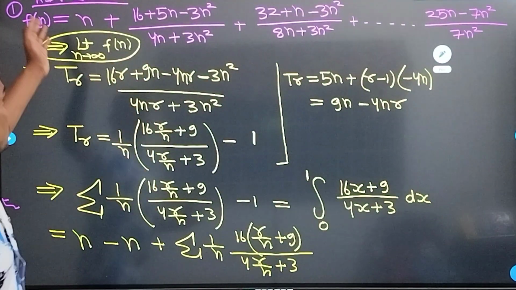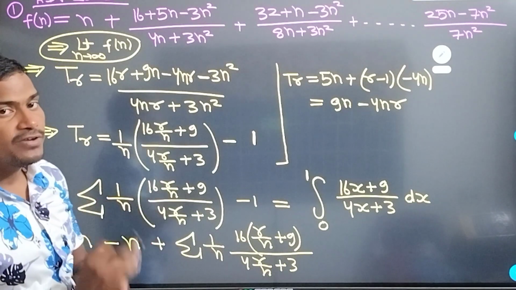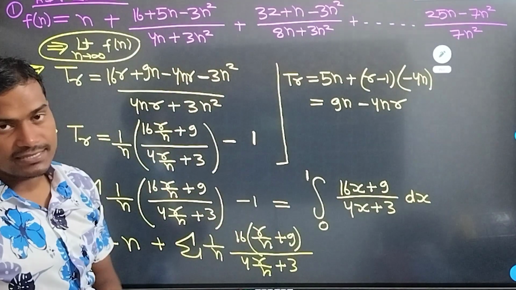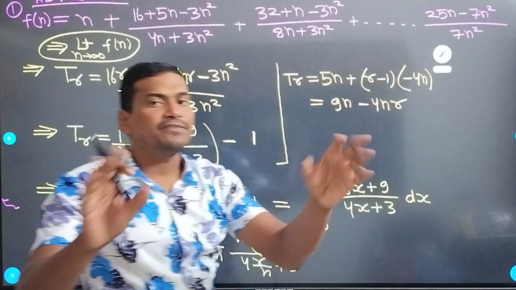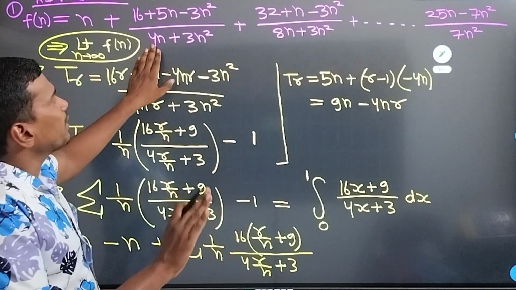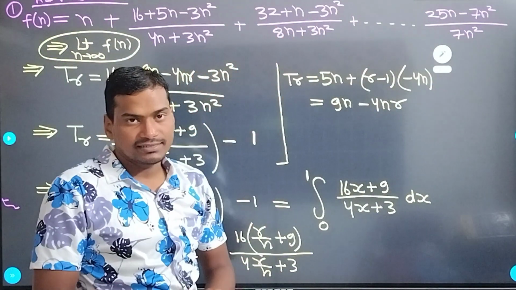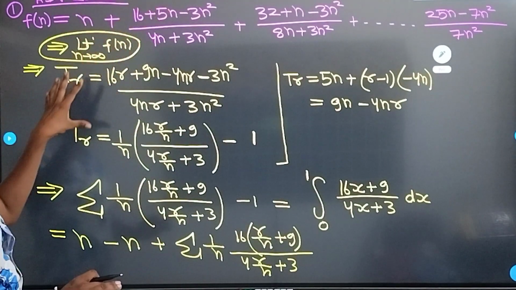See, first of all, this sequence is given. We are trying to figure out the general term of this. We can see 3n square, 3n square is constant everywhere, right? And in the denominator you can see 4n, 8n like that. So this n we are keeping separate. From here I am writing the general term.